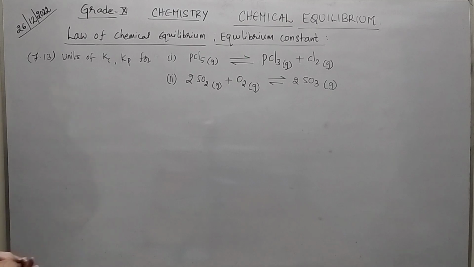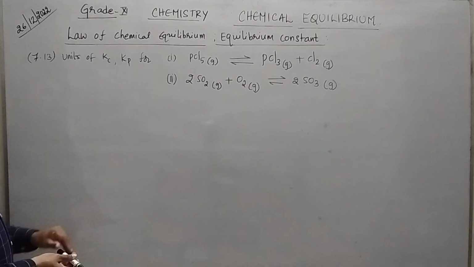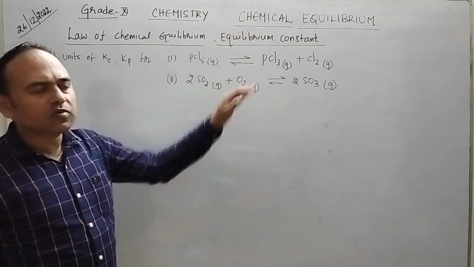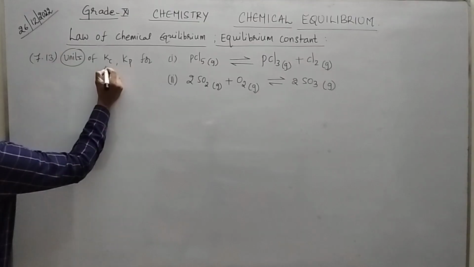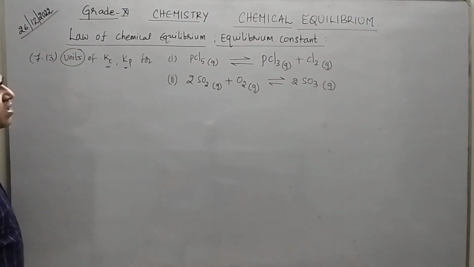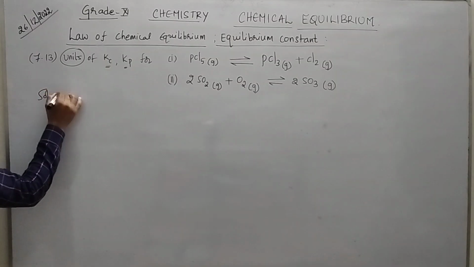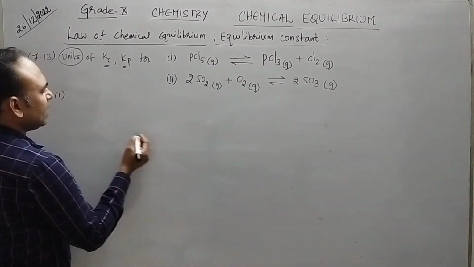Now in this, the last question, in the concept of chemical equilibrium and equilibrium constant, they have asked to find out the units for these two equations in terms of both concentration as well as partial pressure. So let us solve this. First one, first write Kc.